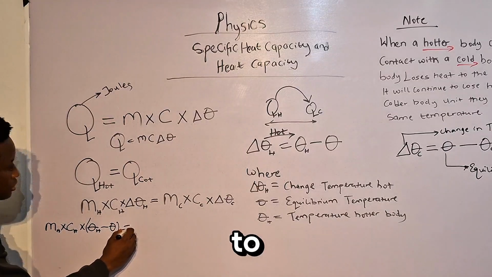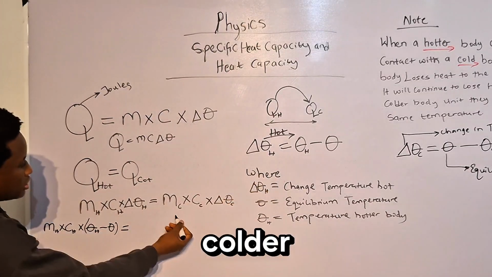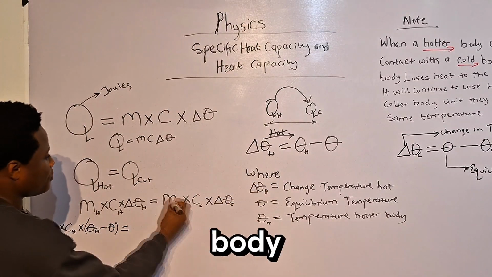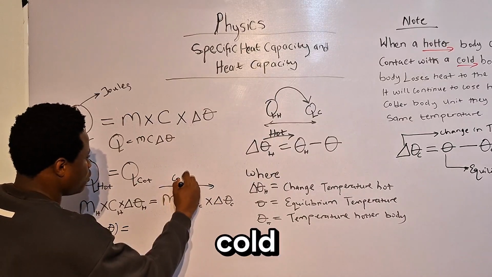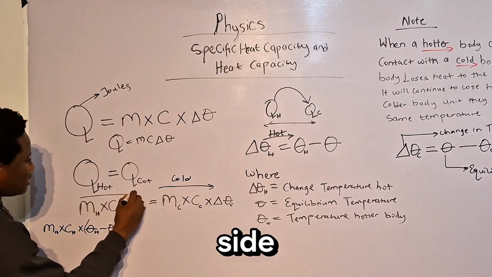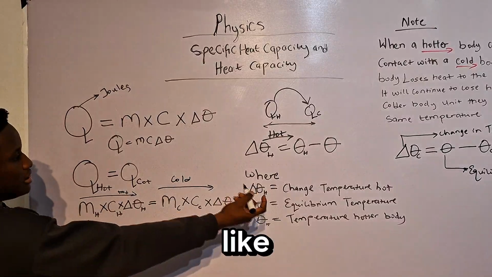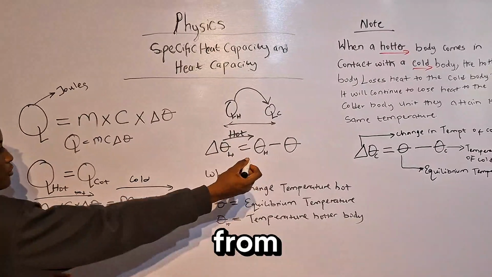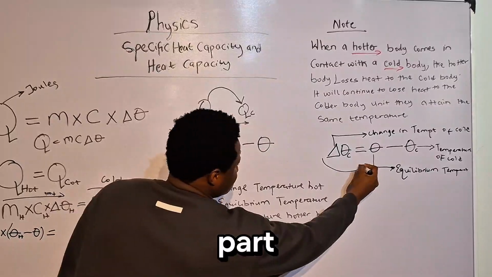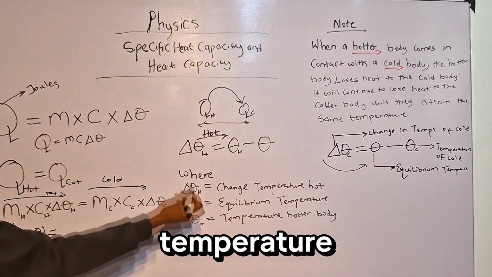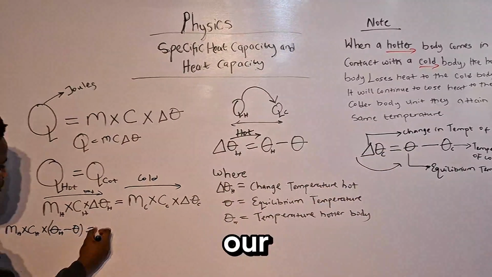is equals to, we do for the colder body. This side is the colder body, and this side is the hot body. So we take this change in temperature of the colder body and put it in our equation.